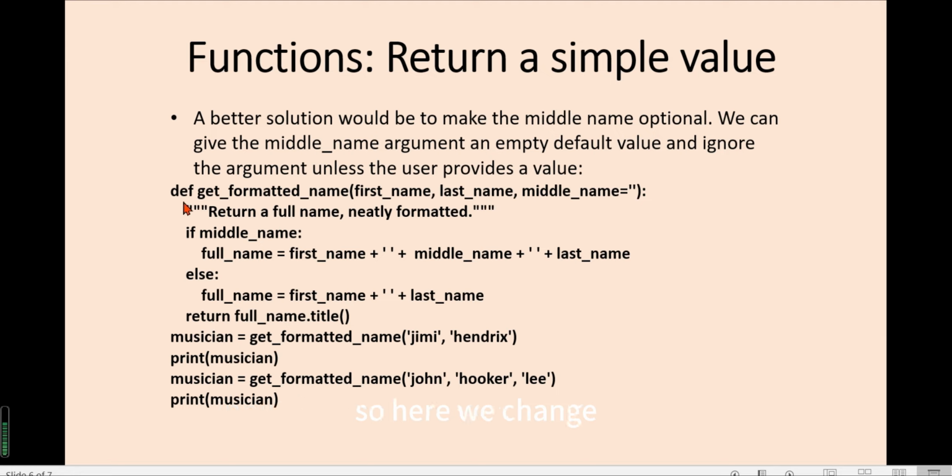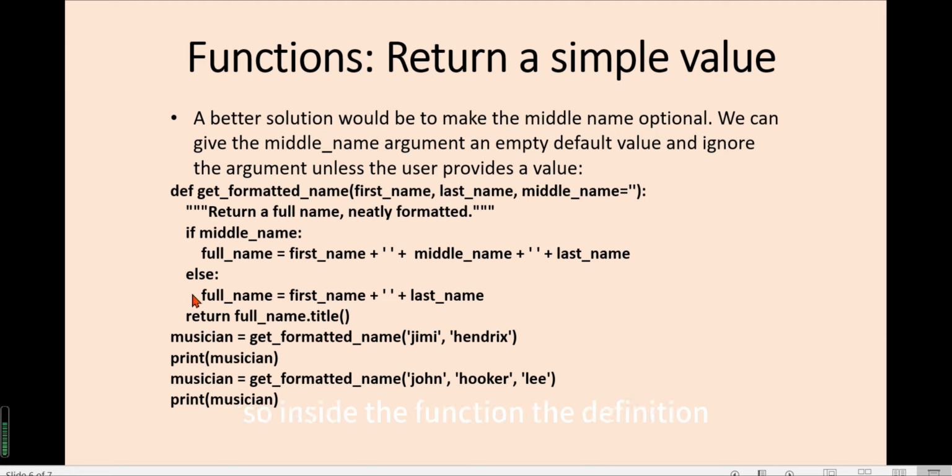So here we change the function's definition. Here, middle name is used as an optional value with an empty string. First name and last name are the first and second parameters, and middle name is the last one.